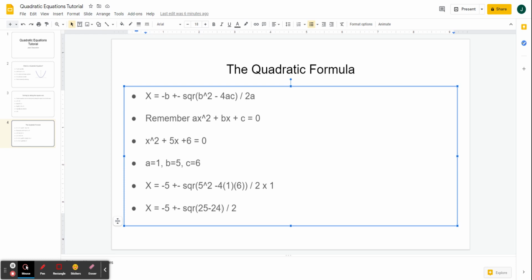Once again, there will be multiple solutions because we are both adding and subtracting. So it'll be negative 5 plus 1, which is negative 4 over 2, so negative 2 is the solution. Negative 5 minus 1 is negative 6, so negative 6 over 2 is the solution, and negative 6 over 2 is negative 3, which is the other solution.